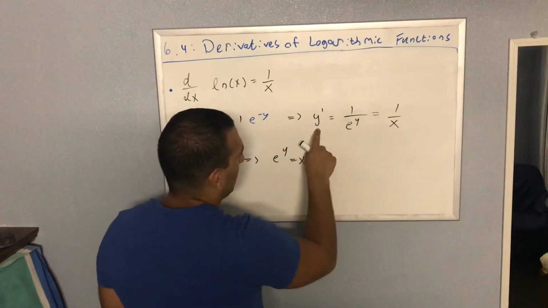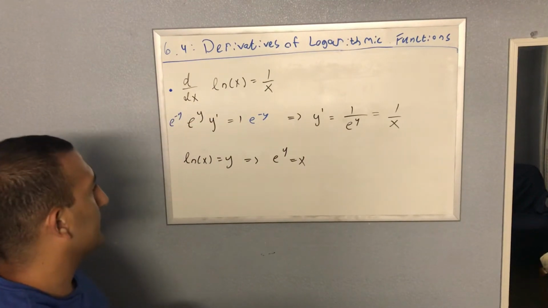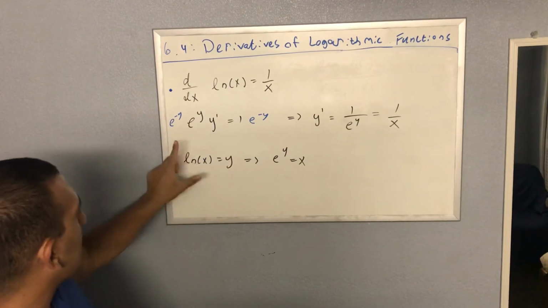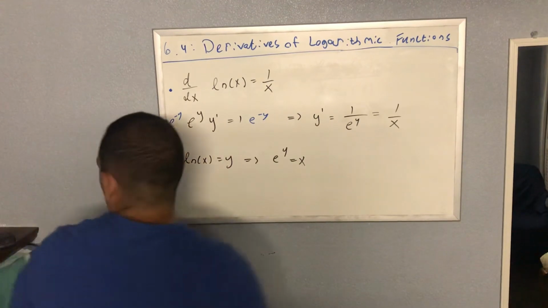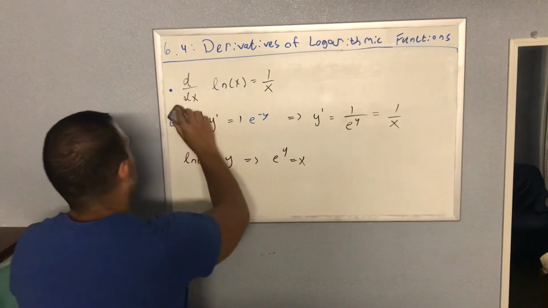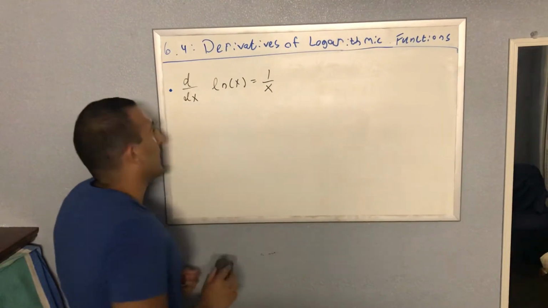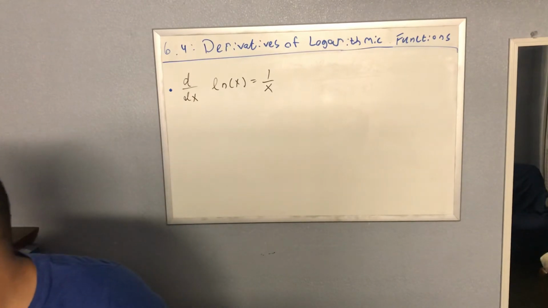We see the derivative y prime is equal to 1 over x, because y is this function, so y prime is the derivative of ln. So we are done. This is a very important formula, the derivative of ln of x. Very neat. It's going to be very useful.